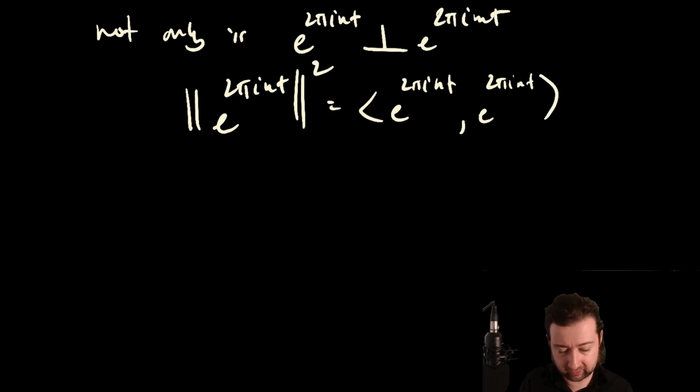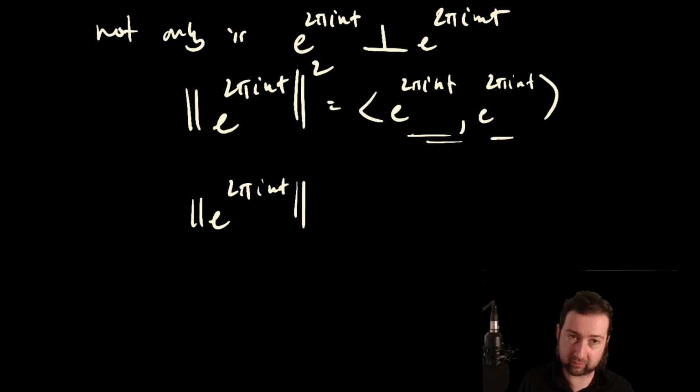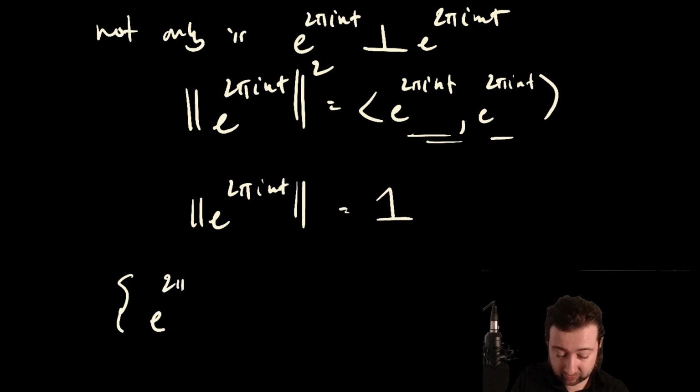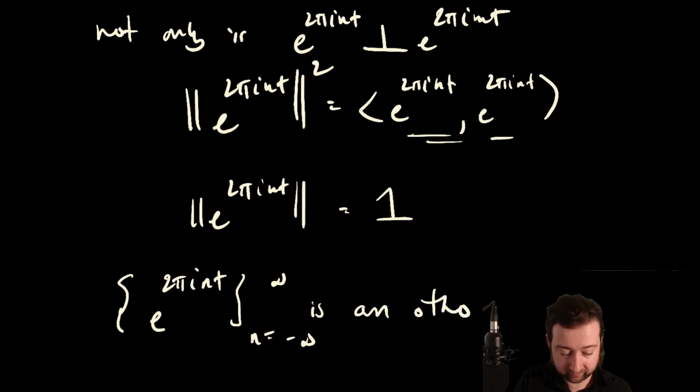If I compute this, these just cancel in the integral, and you just get the integral from 0 to 1 of 1, which is just 1. So not only is the family e to the 2 pi i n t orthogonal, their lengths are all 1. So the family e to the 2 pi i n t, from minus infinity to infinity, is an orthogonal family of unit vectors.